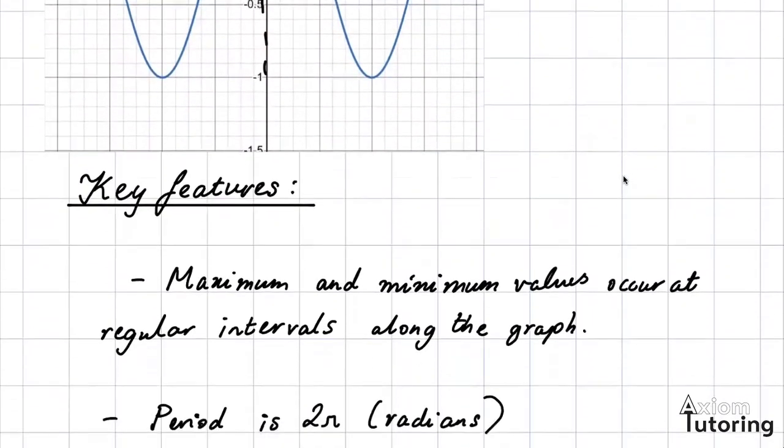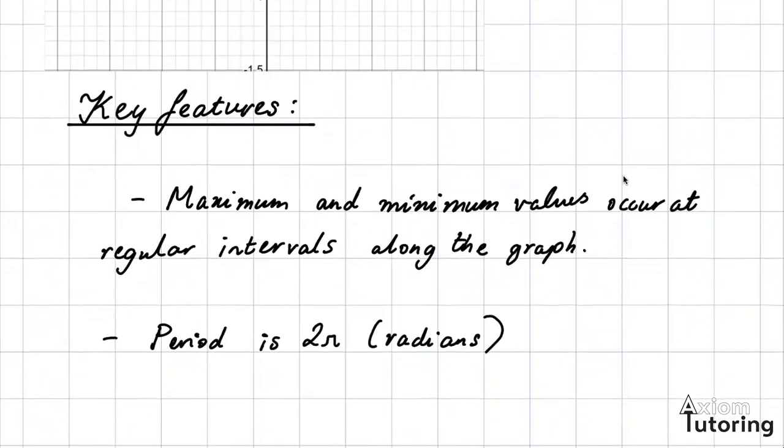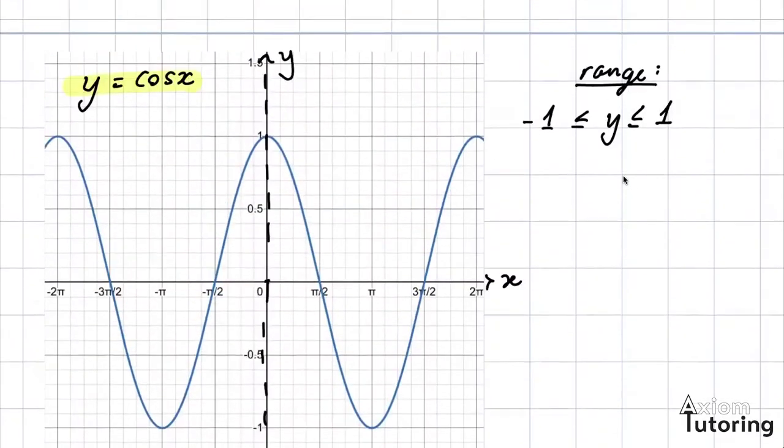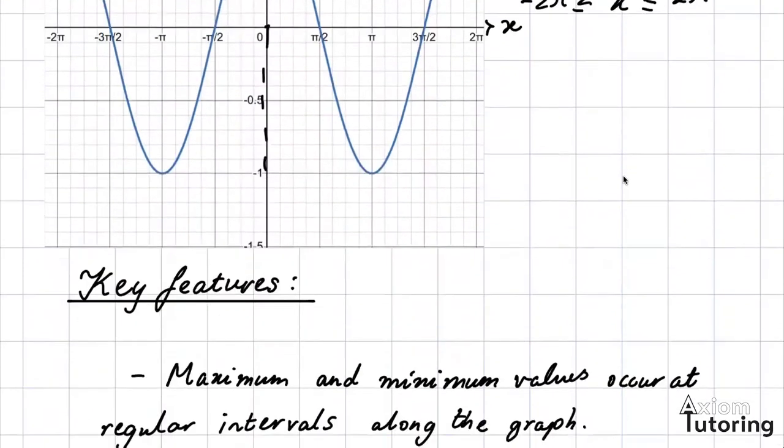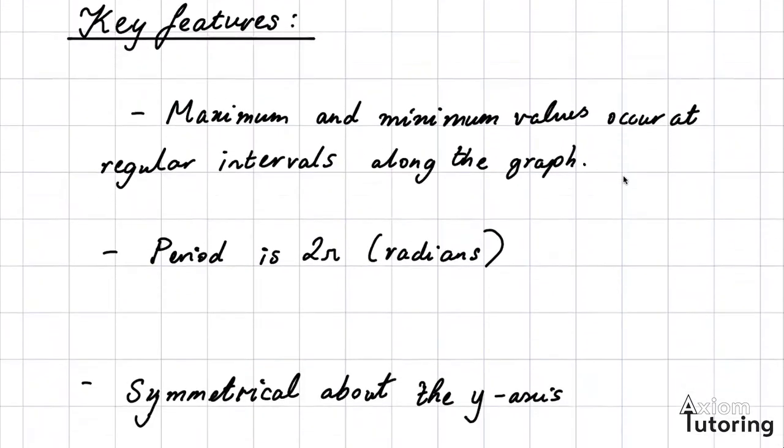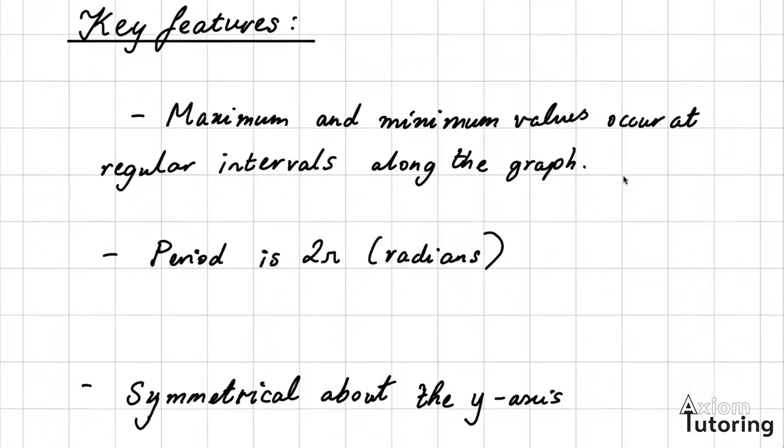And I've summarized that here. It's worth making a note that we are, in fact, looking at the restricted domain here, so it's for values of x between 2 pi and minus 2 pi, similar to sine. It's the exact same thing. But the key features that I've summarized here are, again, maximum and minimum values occur at regular intervals along the graph.